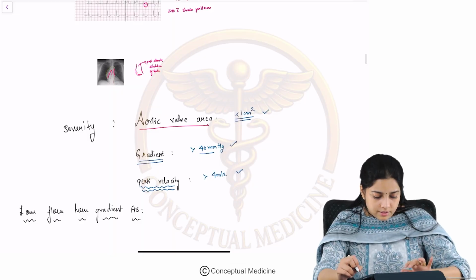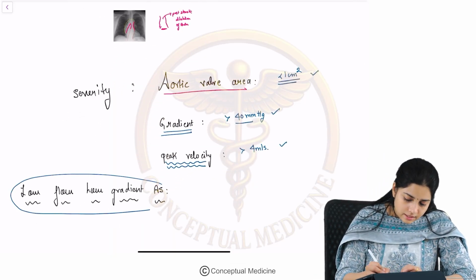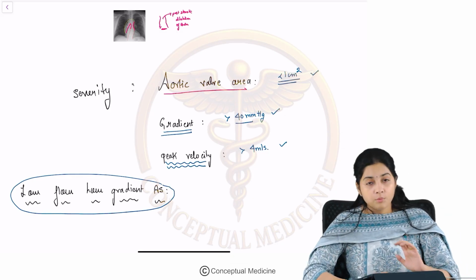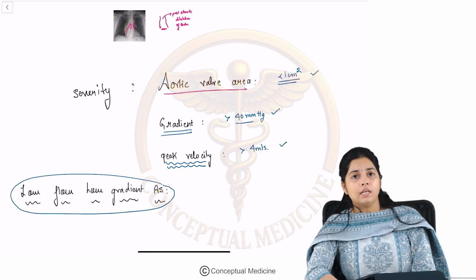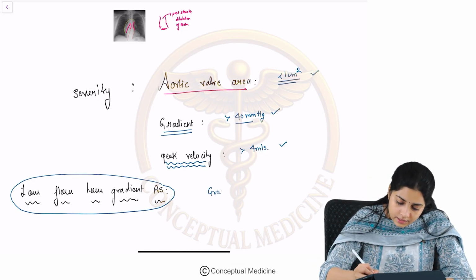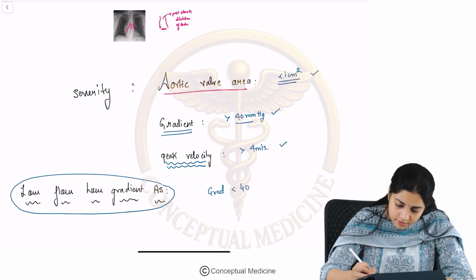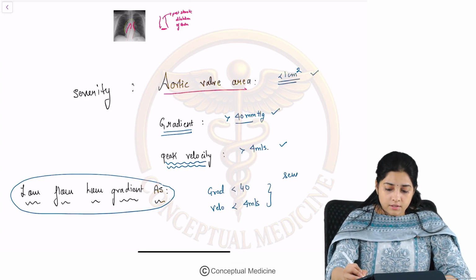Now, what is this concept of low flow, low gradient AS? As the name suggests, the gradient is less than 40 millimeters of mercury and the velocity is less than 4 meters per second, but there is still a severe AS.